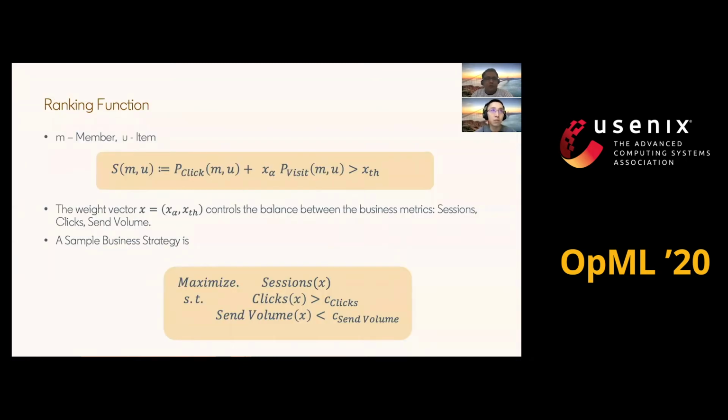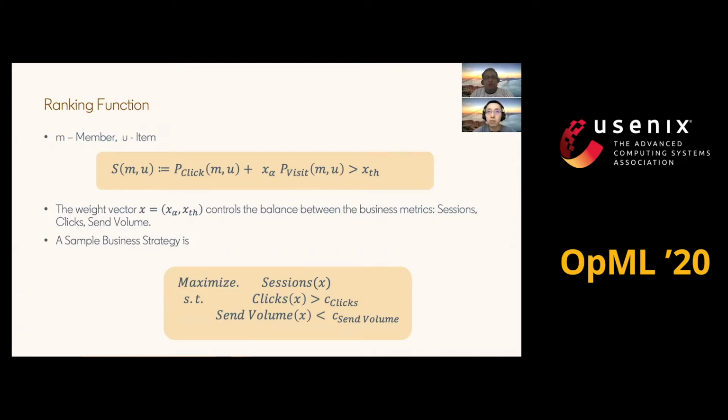Let's talk about the ranking function we use when scoring with our models. For a given member M and a notification item U, the score is calculated as a linear combination of two models. The first model is p-click, which measures the quality of the content U for a given member M. P-visit is another model, which measures the probability of a visit in the next T hours if the notification is sent now.